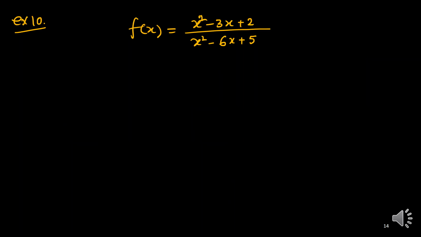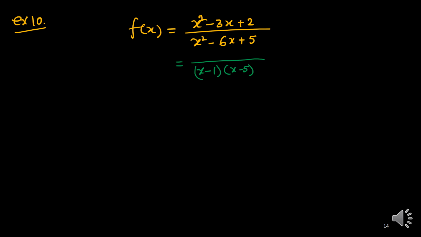Now sometimes the second order equation is given in this form. So the first task is to find the factors. What are the denominator factors? I think it's very simple. One factor is x minus 1, another one is x minus 5.